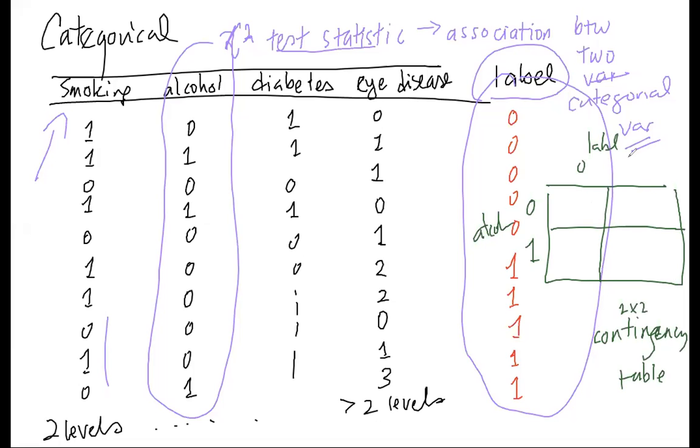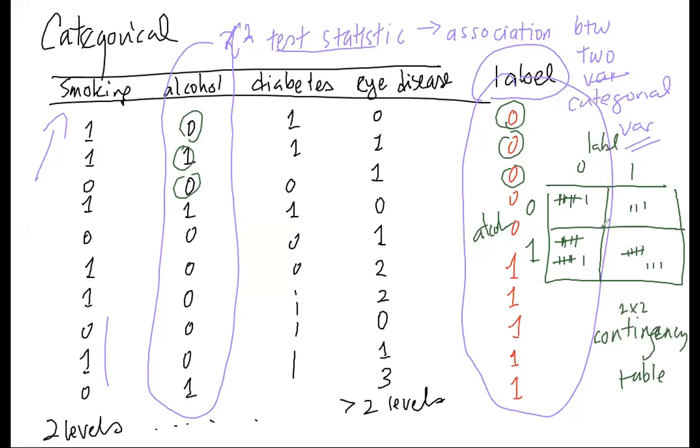So you have 0, 0 here, so you have a count of 1. This is 1, 0, so alcohol 1, label 0, there's a count 1 here. So 0, 0, you have another count here. You can keep counting like this. This is basically just an example.